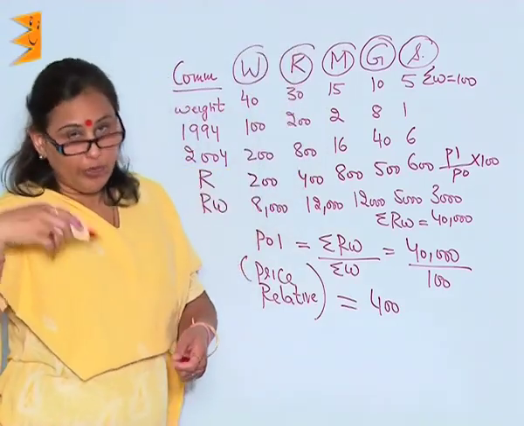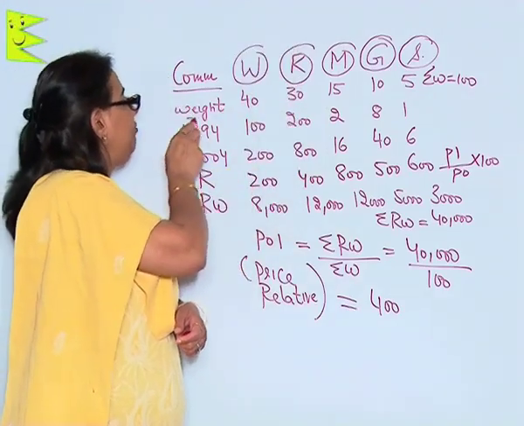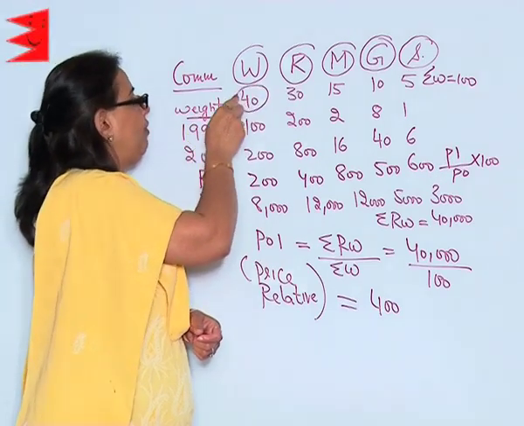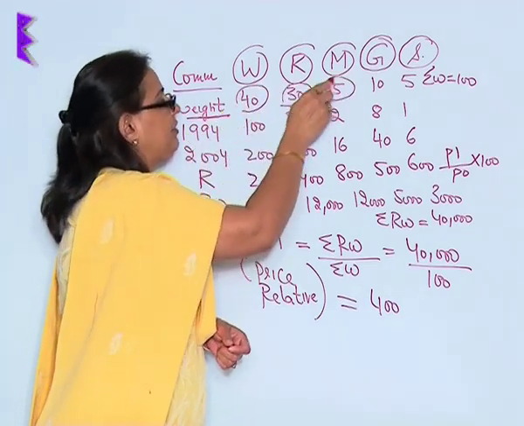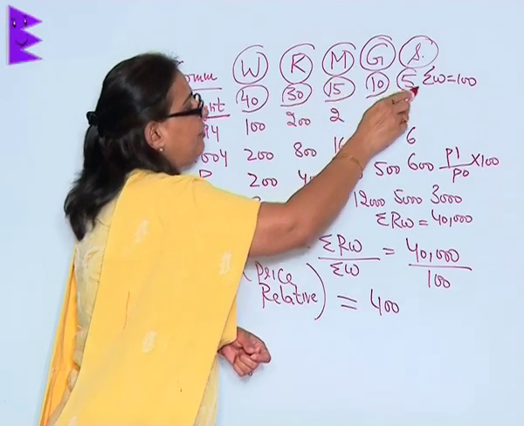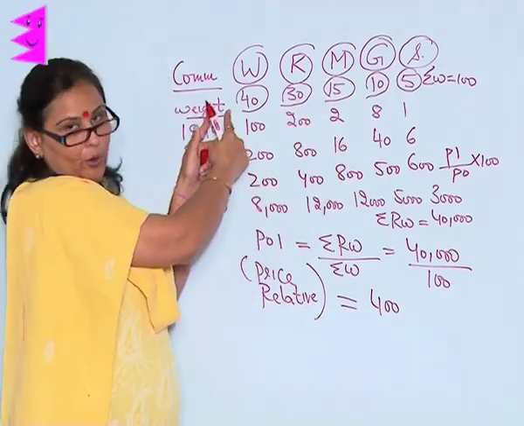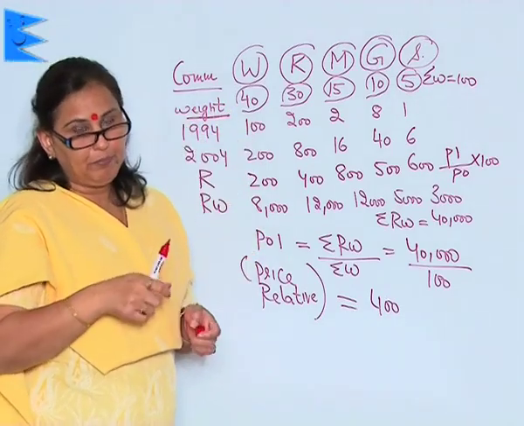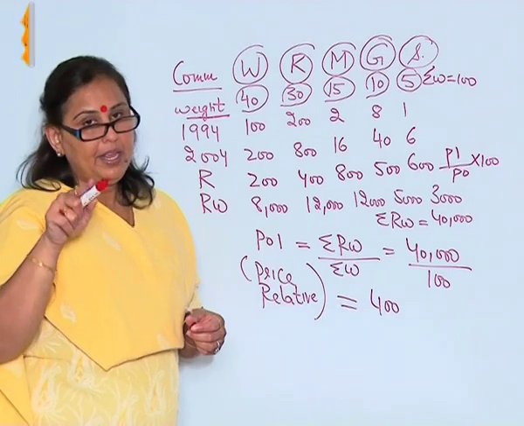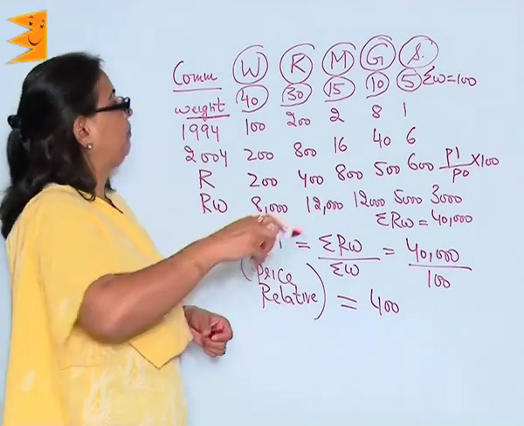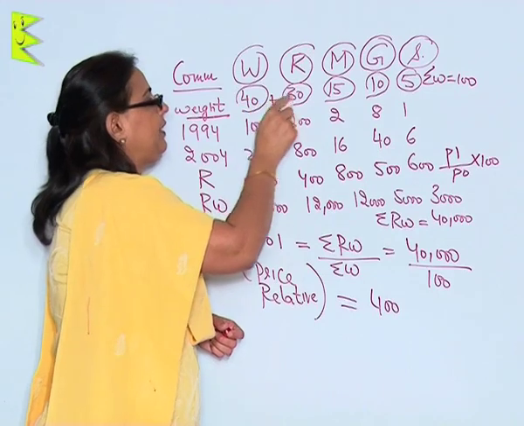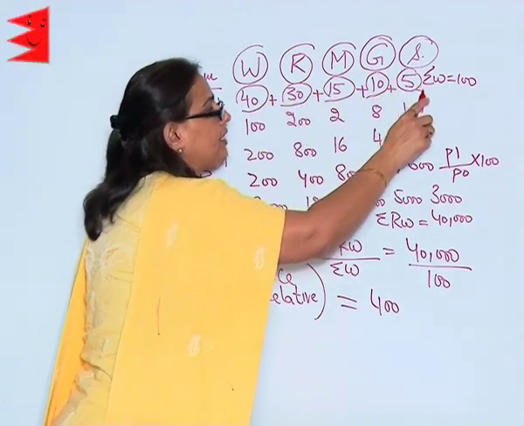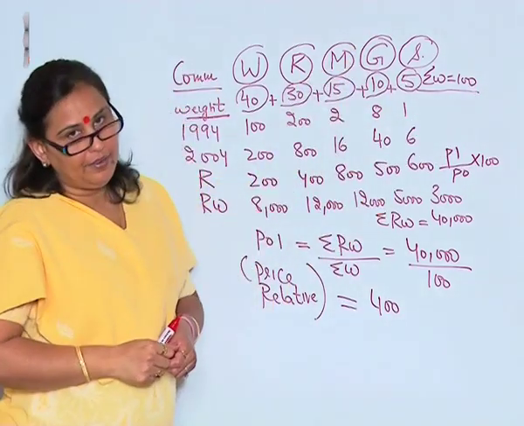The weight which they have given us, that is how much was sold, is 40, 30, 15, 10 and 5, which means I have the weight also. In the simple index number, there was no weight. Here the weight has been taken into consideration. So 40 plus 30 plus 15 plus 10 plus 5 will give me the sigma weight, which is 100.